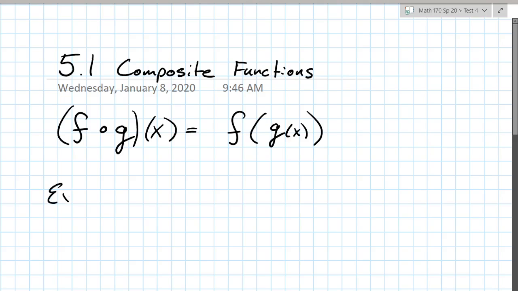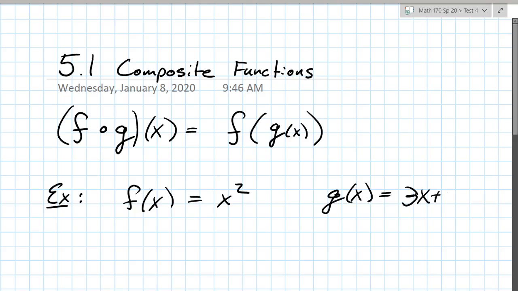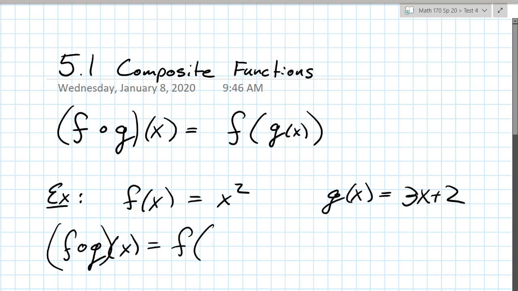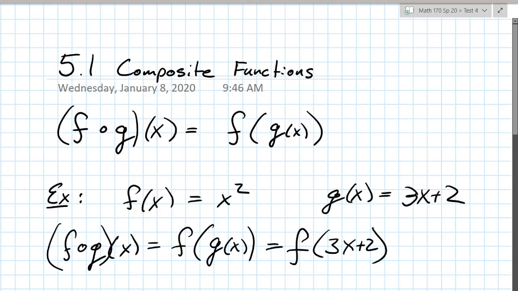As an example, if we take f of x to be x squared, and g of x to be 3x plus 2, then the f of g of x function means take f of x and evaluate it with g of x inside. f of g of x means f of 3x plus 2, because that's what g of x is.